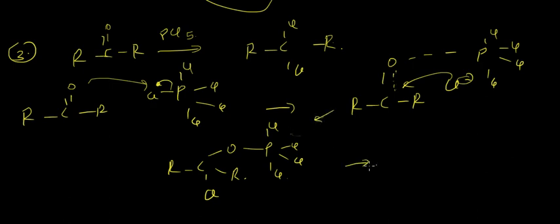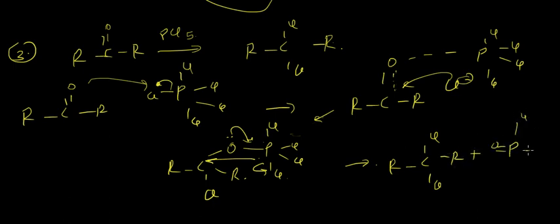So now what happens next is, again the O will donate its lone pairs to form a double bond between P and itself, and this Cl will withdraw its electron and attack back on the bond which is breaking between C and O, or the positive charge on carbon. So hence we will have Cl here and R here, plus P double bond O, Cl3. Okay, so with this we get our product.